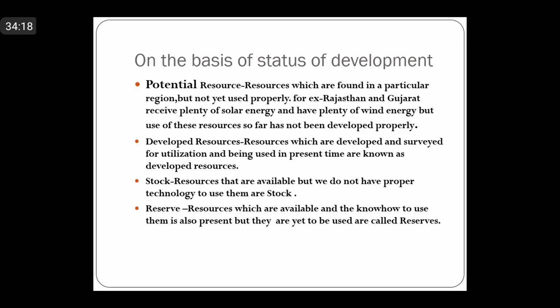If we construct a dam on a river, we can utilize the river water for producing hydropower, for fisheries, for recreation, for canals, and for drinking water. We can utilize it for a number of purposes, but we are not using it. We can use it for the future.